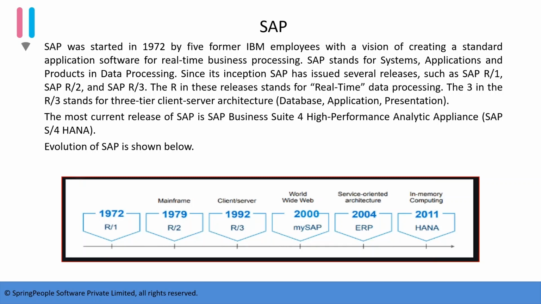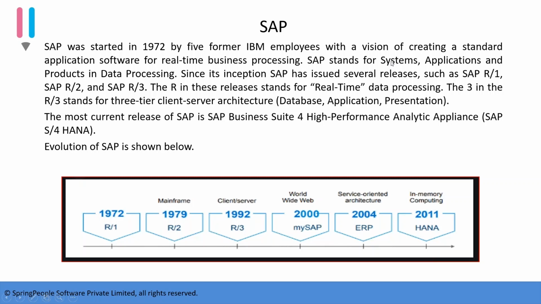Sitting in our drawing room, we were watching the cricket. That is live. Similarly, SAP is also live. That means if any transactions are performed, then all the related modules will be immediately affected or notified. That is called real-time business processing.